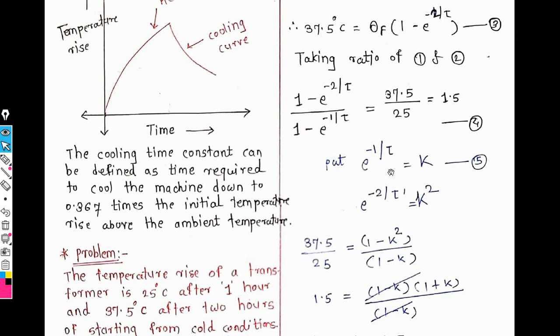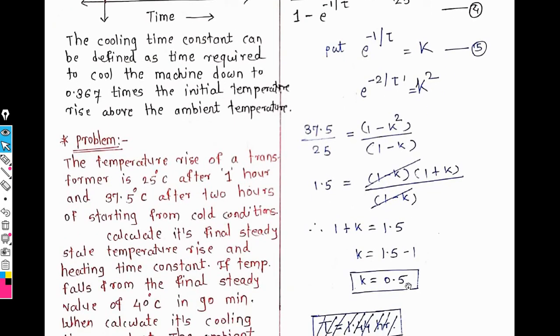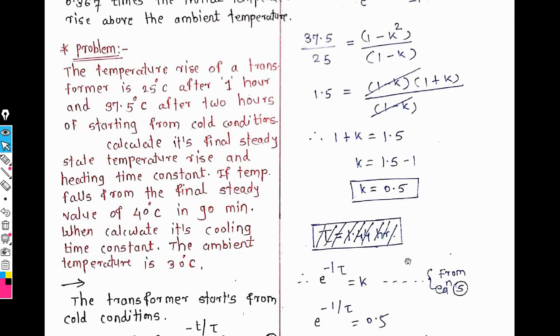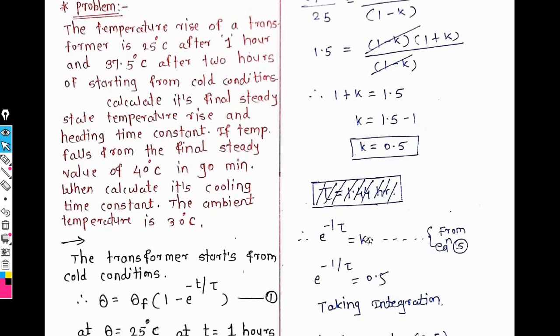Then put e raised to minus 1 upon tau equal to k, so e raised to minus 2 upon tau is equal to k square. Then we obtain the value of k, that is k is equal to 0.5. So e raised to minus 1 upon tau is equal to 0.5.